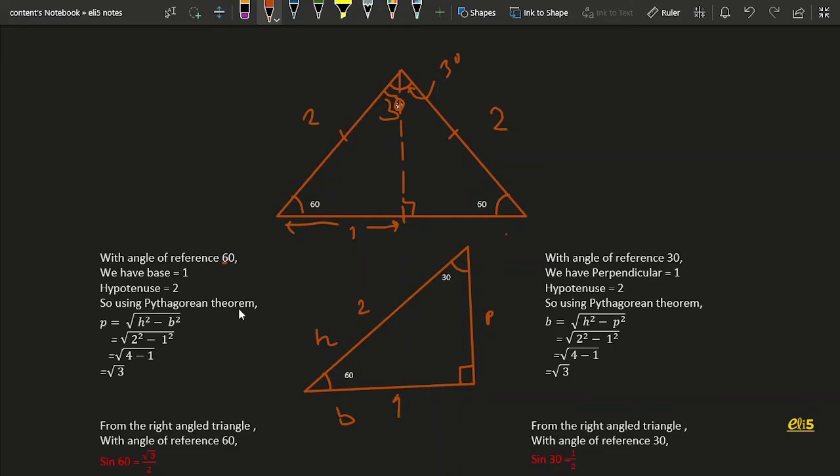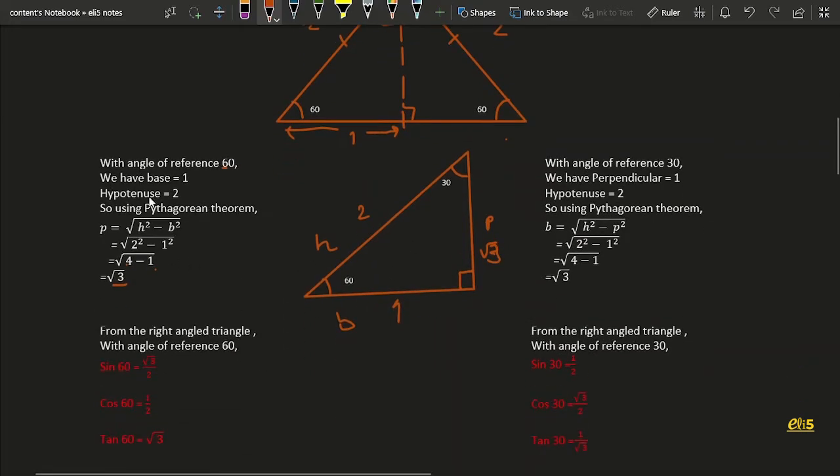Using the Pythagorean theorem, perpendicular equals root of hypotenuse square minus base square. So we have root of 2 square minus 1 square, which is root of 4 minus 1. So perpendicular equals root 3.